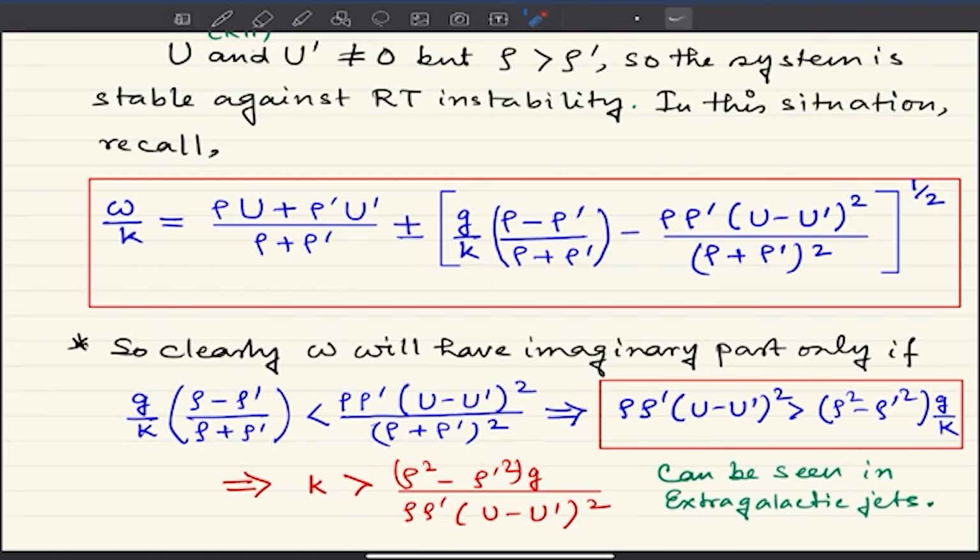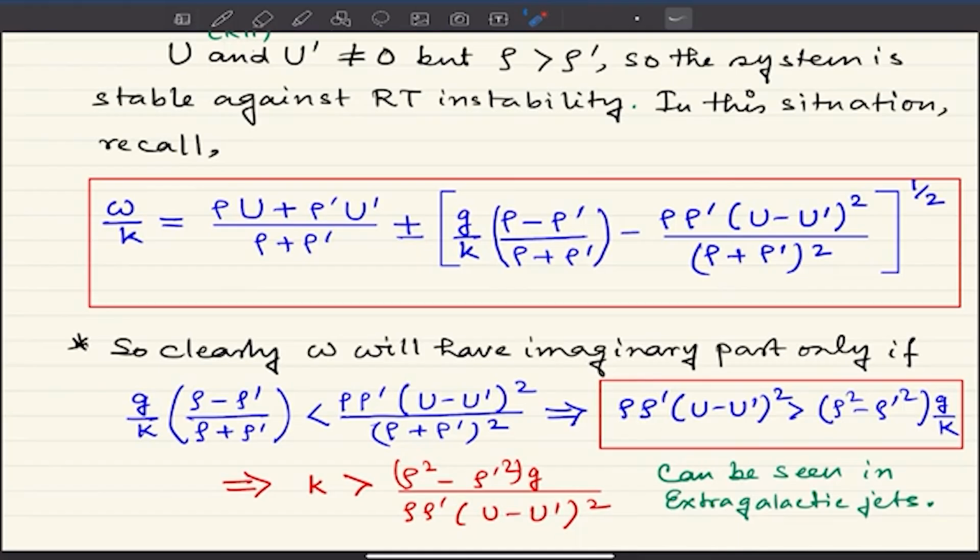One very important thing in the whole treatment: we have taken into account incompressibility for the water and air surface we have discussed, but we have neglected the effect of surface tension. The introduction of surface tension majorly modifies the results, and then k will have a lower bound, and u minus u prime should have another type of bound depending on the nature of the surface tension.